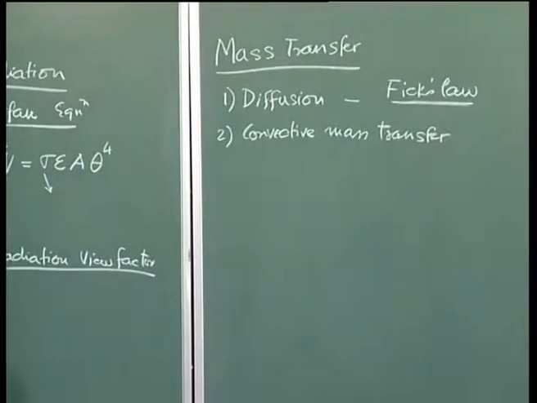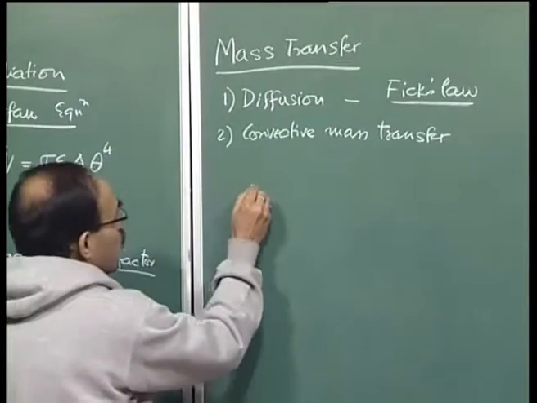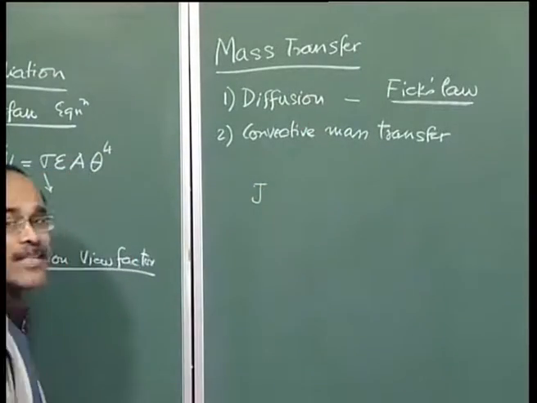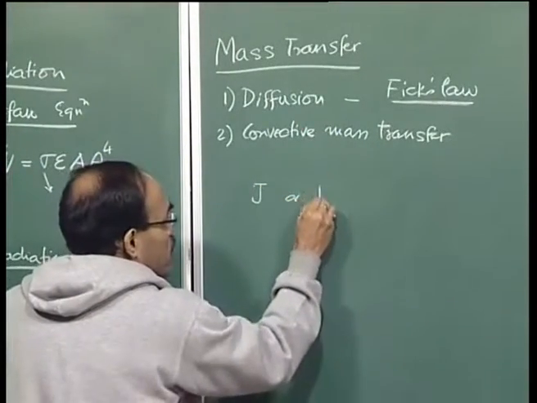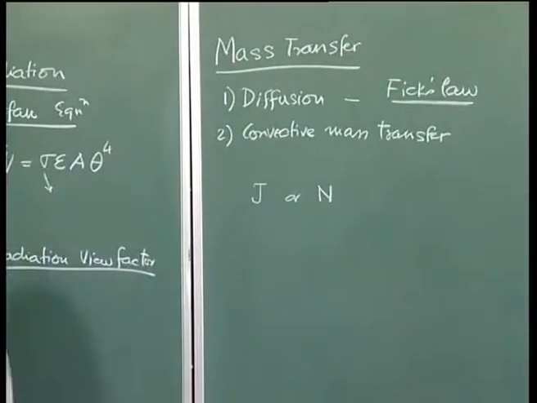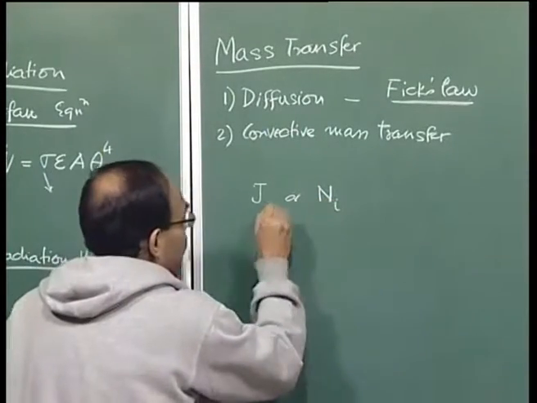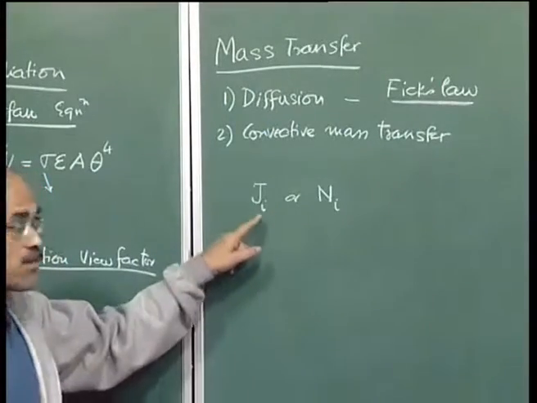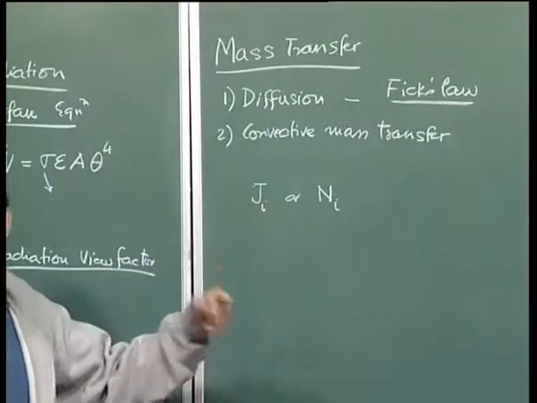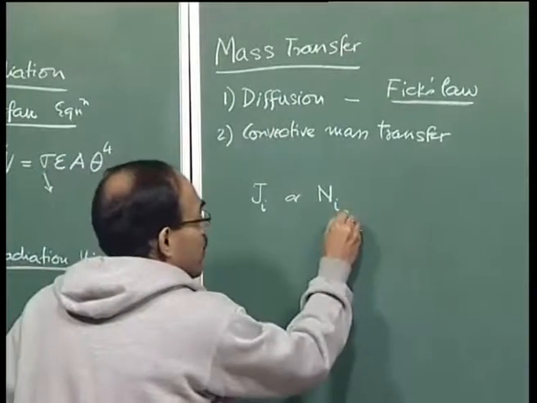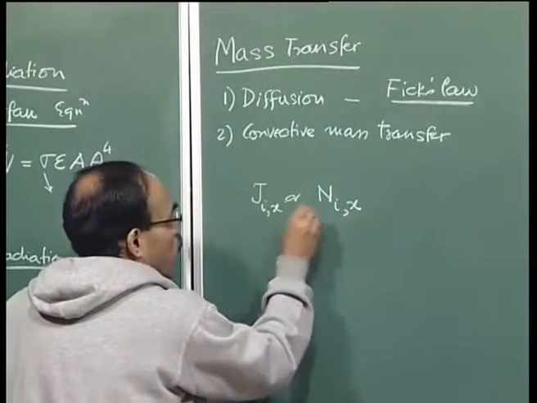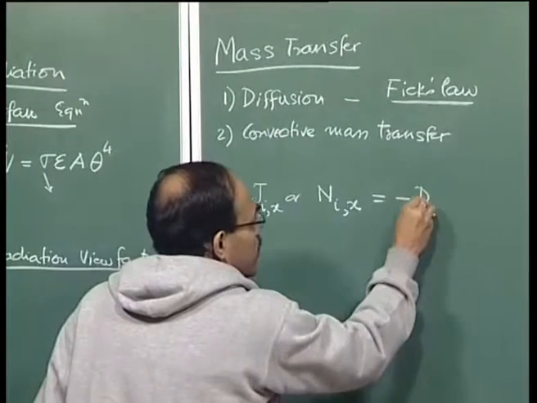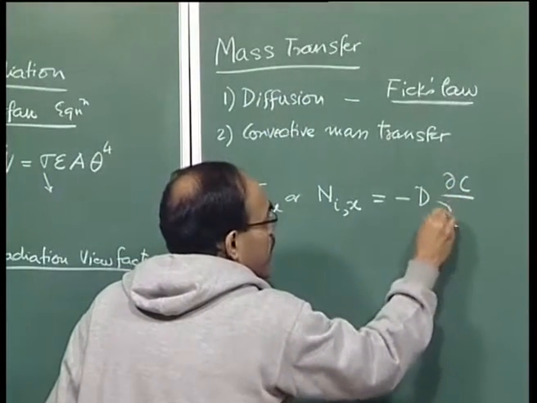And Fick's law states that flux, which could be mass flux denoted by J, or molar flux. Flux of what? Flux of a species i. J is the mass flux, N is the molar flux of a species i. Flux is a vector quantity, so I will specify in which direction. We can say it is equal to minus D del C by del x.